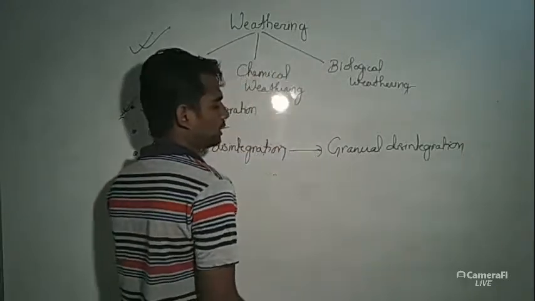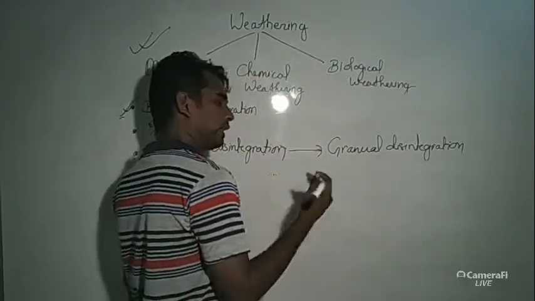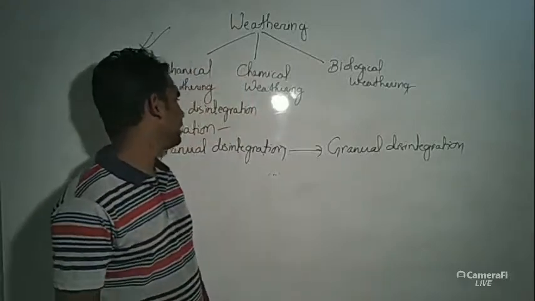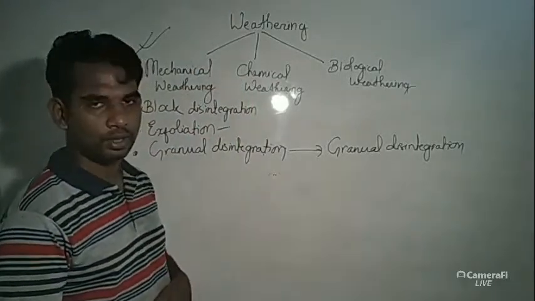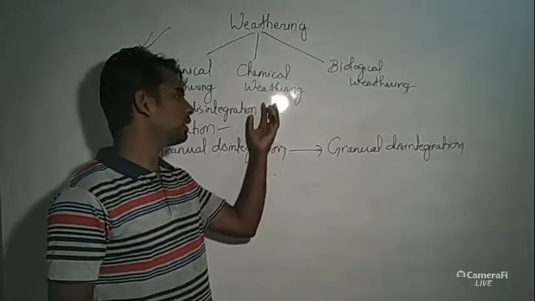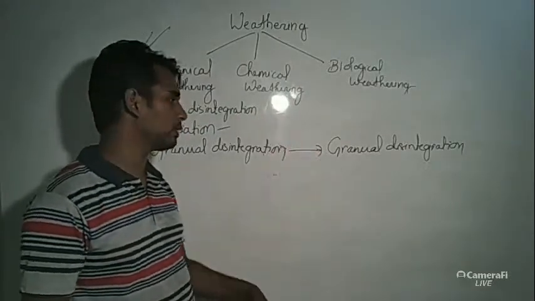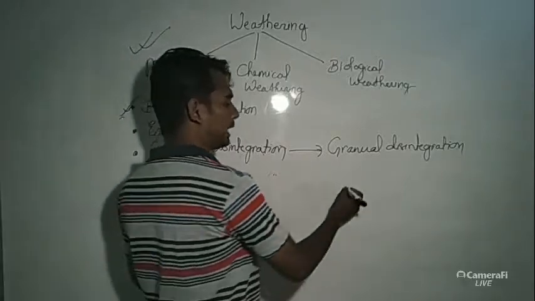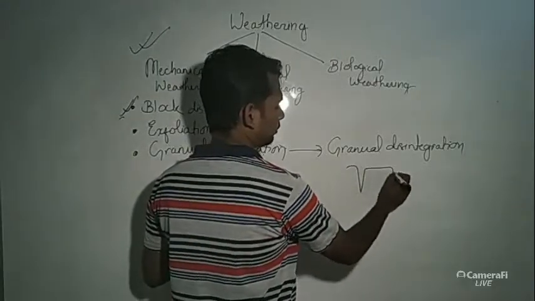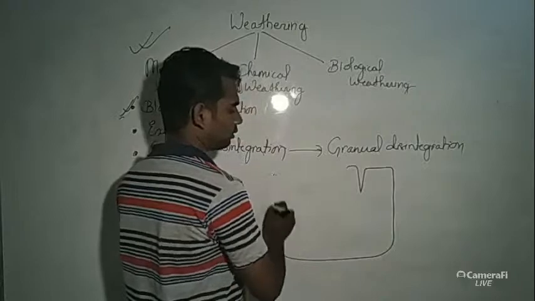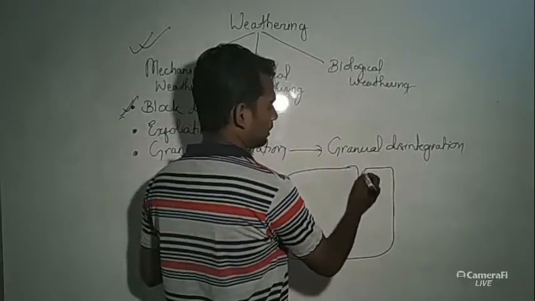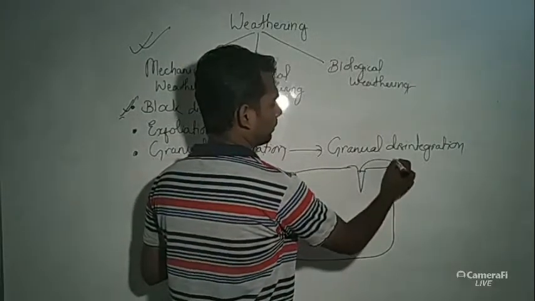What is granular disintegration? Here exactly the same process takes place like the block disintegration, but it takes season after season, it is a long term process. Here the cracks appear in a big piece. What happened here?